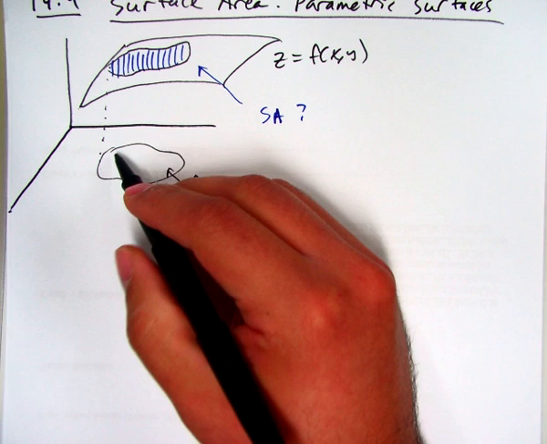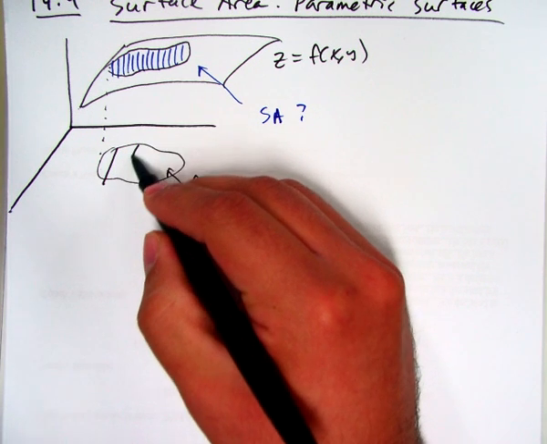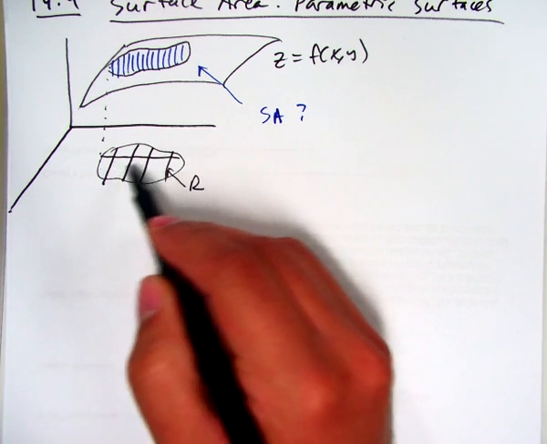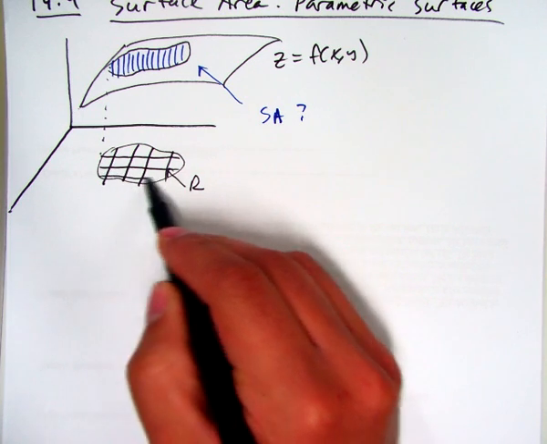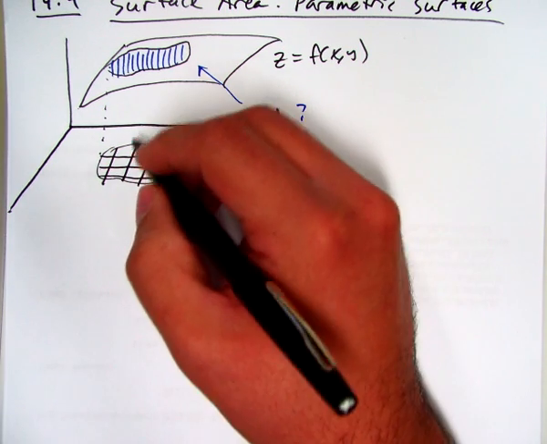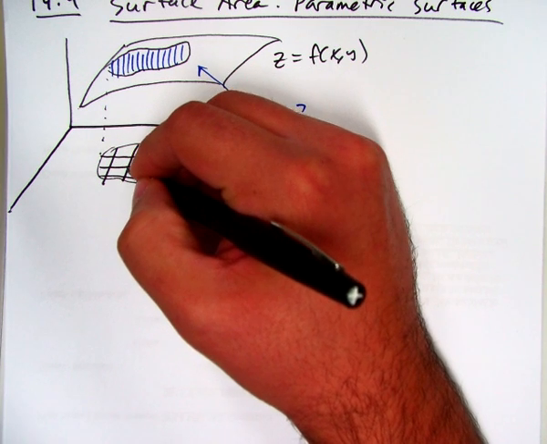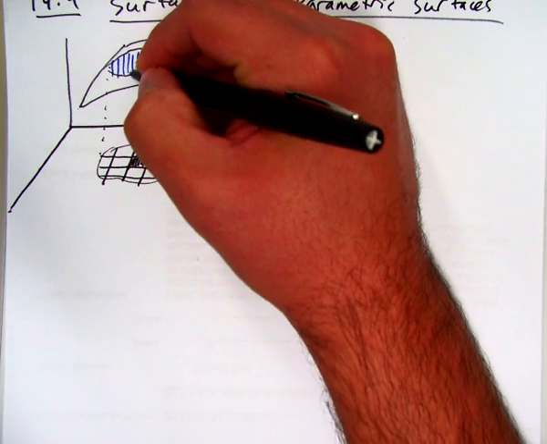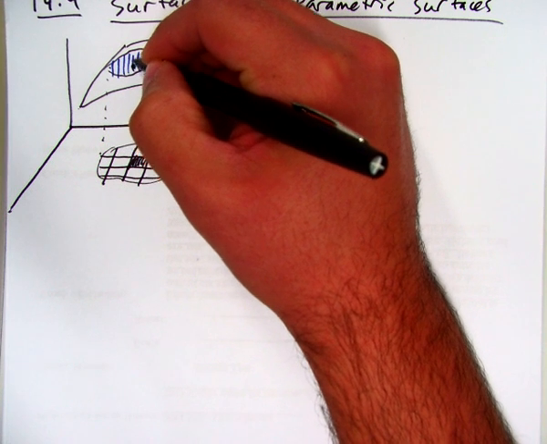We're going to subdivide R into rectangles. And now what I'll do is take one of these, and I'm going to go ahead and find where that little section is.